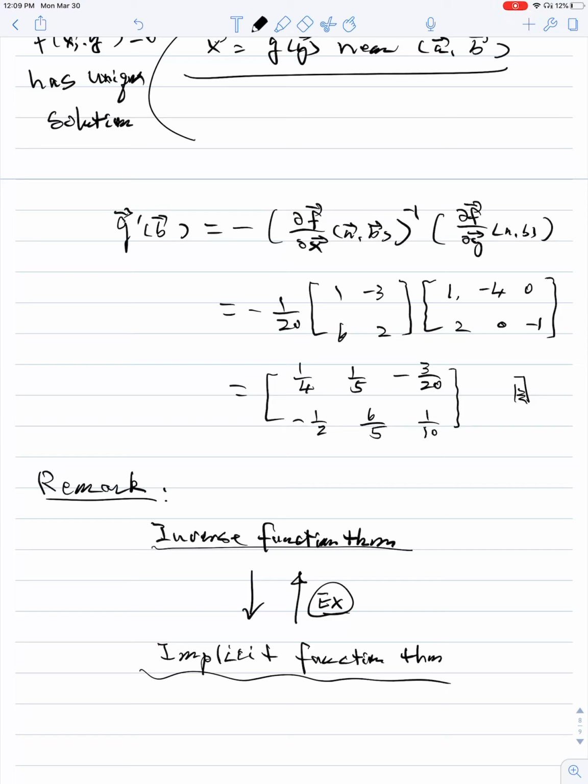Remember when we proved the inverse function theorem it was quite involved, and we had to use the contraction principle. We had to use kind of a Newton's method and construct a function map, and then use the contraction principle. Okay, so this is the end of this section.